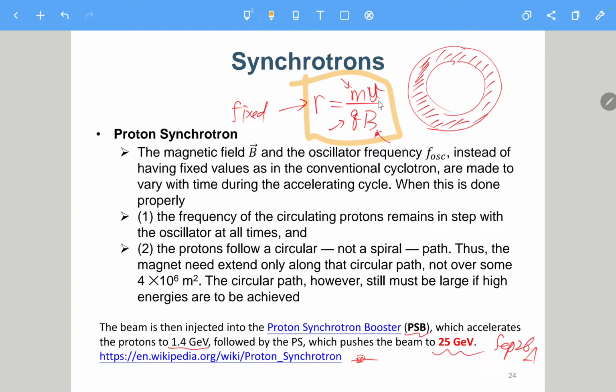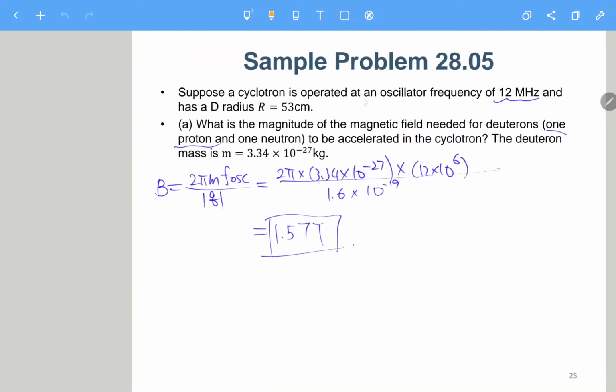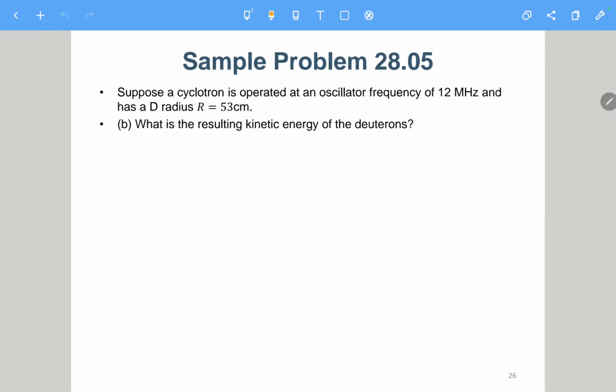Here we would like to find v, so we move these terms to the left side. So v equals RqB over m. And then we can just plug in the number.